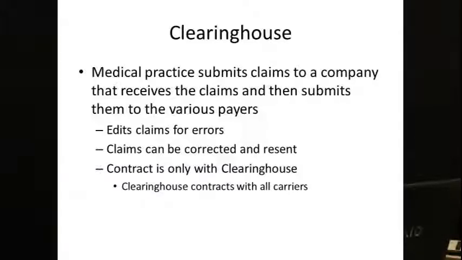Claims can then be corrected and resent, just like we talked about last week. And you only have to get one contract with that clearinghouse. The clearinghouse has to go and get the contracts with various carriers. It makes it a lot easier for you. And it usually costs, well, back then it was like 35 cents. It's probably about 60 cents now, a claim. About as much as postage.